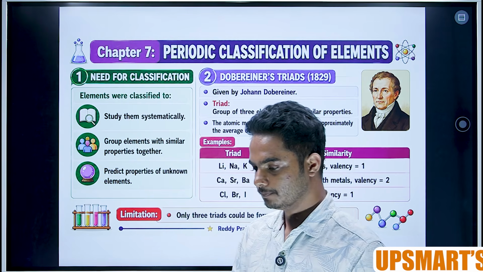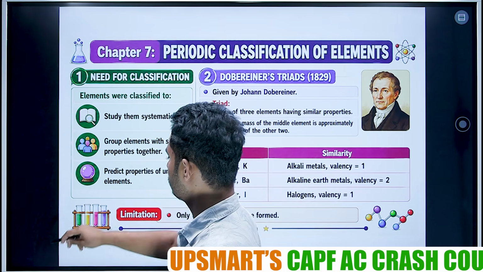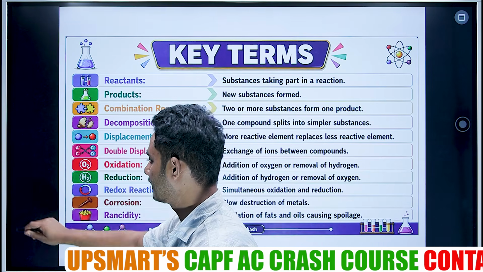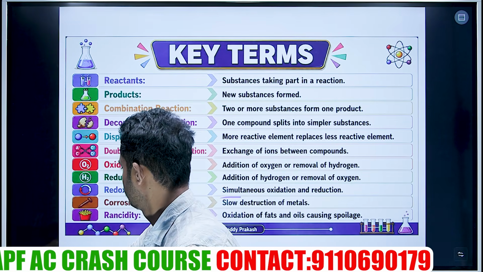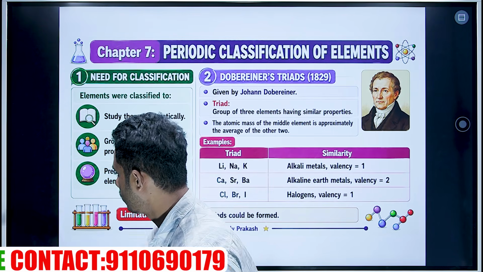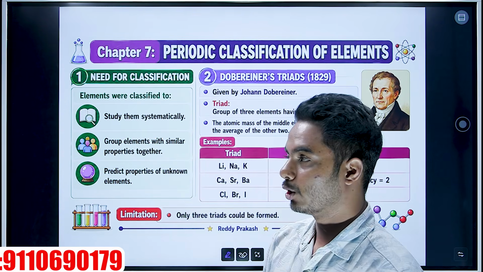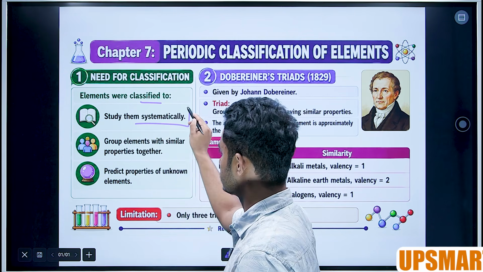Okay, so starting with why the classification was needed. Why was the classification of elements in a periodic table needed? Because we can study them systematically.